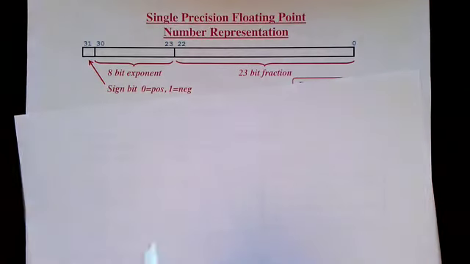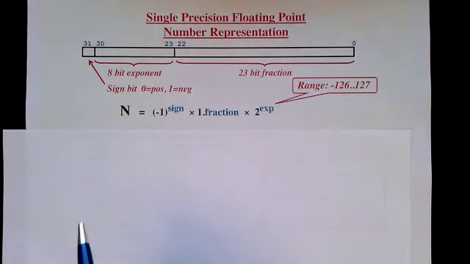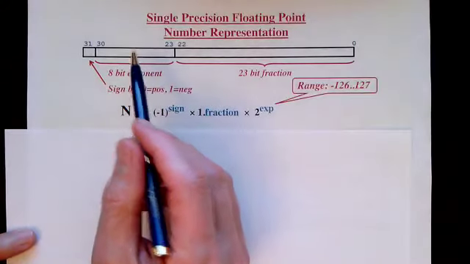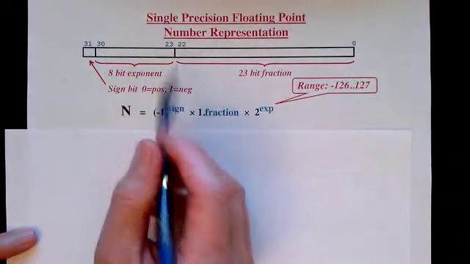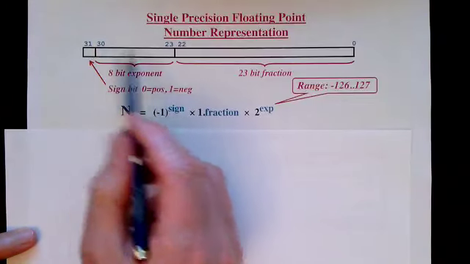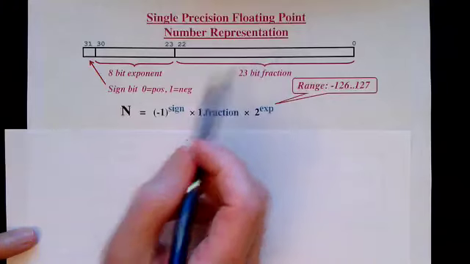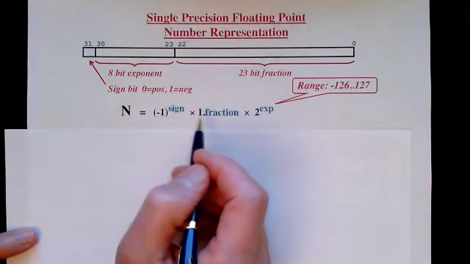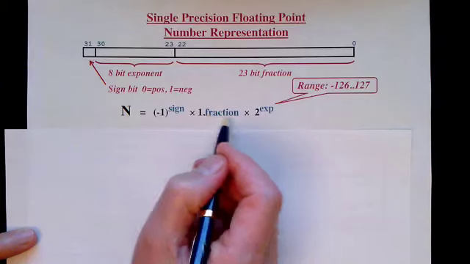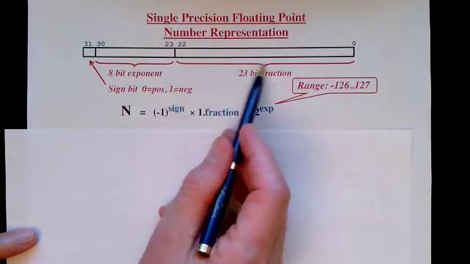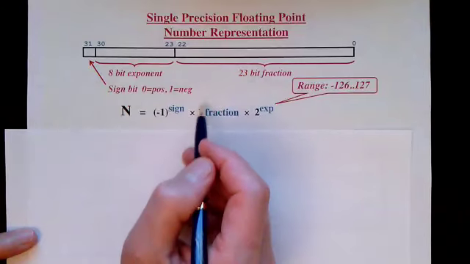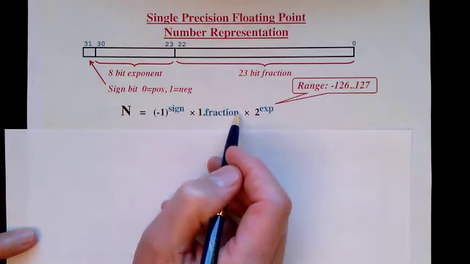Okay? And so the number that we will represent with all these bits will be 1 point, and then whatever these bits are, we've got 23 bits of precision, so a total of 24 bits here.